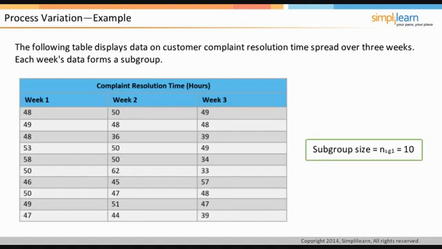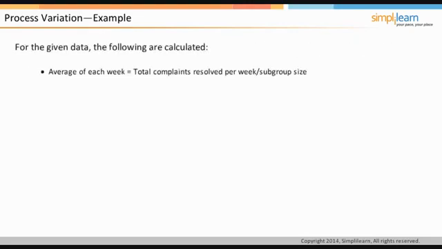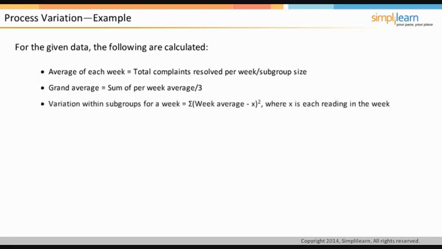Let us understand how long-term and short-term standard deviations are calculated for this data. The average for each week is calculated by dividing the total number of complaints resolved by the subgroup size. A grand average is also calculated for all the 3 weeks. The variations within subgroups and between subgroups for each week are calculated.